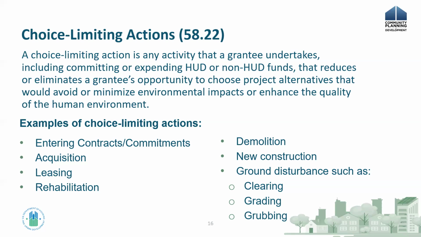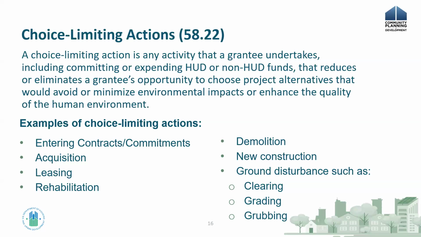Some additional examples of choice limiting actions include acquisition, rehabilitation, demolition, new construction, ground disturbance, clearing, grading, grubbing, entering into new contracts or commitments for hard costs for construction or any other hard cost work.